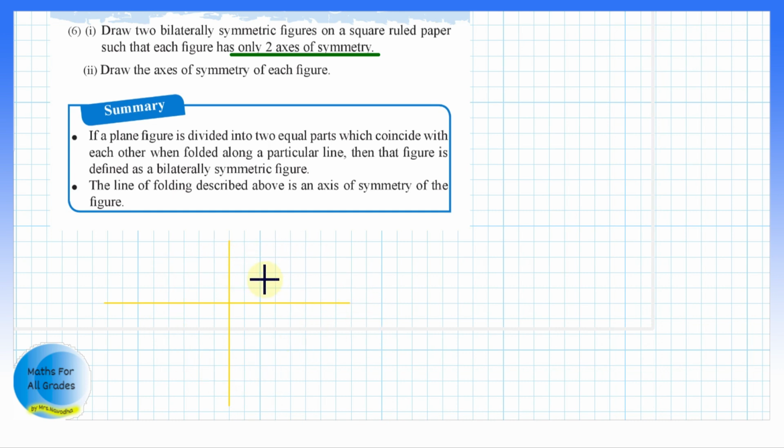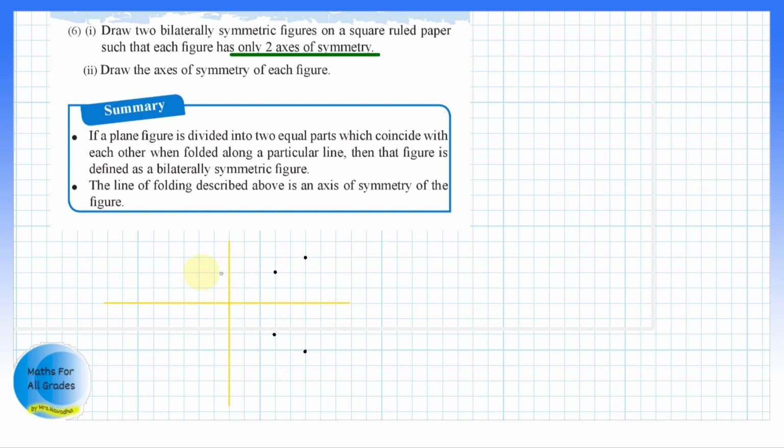First I'll mark points on one side. I'll mark one point here, three squares away. And the other point is here, it's five squares away from the vertical line. Now let's copy these points on the other three sides. Two squares up, then two squares down. This one is three squares up, then three squares down.